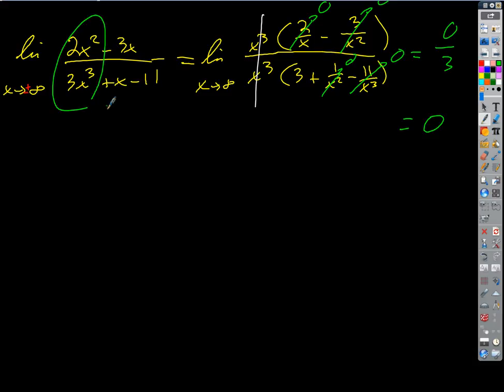So if we take the limit of 2x squared over 3x cubed, if I reduce that, that just ends up being the limit of 2 over 3x. As x approaches plus or minus infinity, that's pretty obviously going to be 0, isn't it? All we care about, the leading terms, are all that matter.